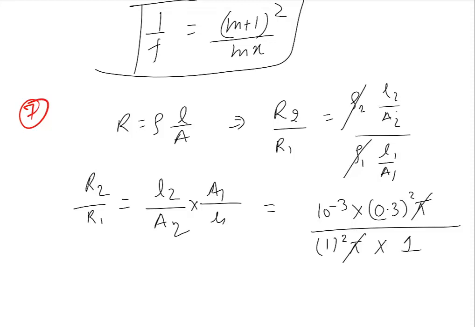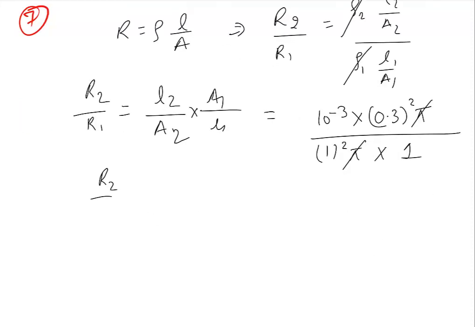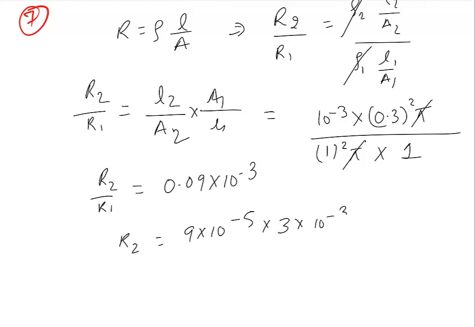So we get R2 over R1 equals 0.09 into 10 to the power minus 3, and R2 becomes 9 into 10 to the power minus 5 into 3 into 10 to the power minus 3. That's nothing but 2.7 into 10 to the power minus 7 ohms.